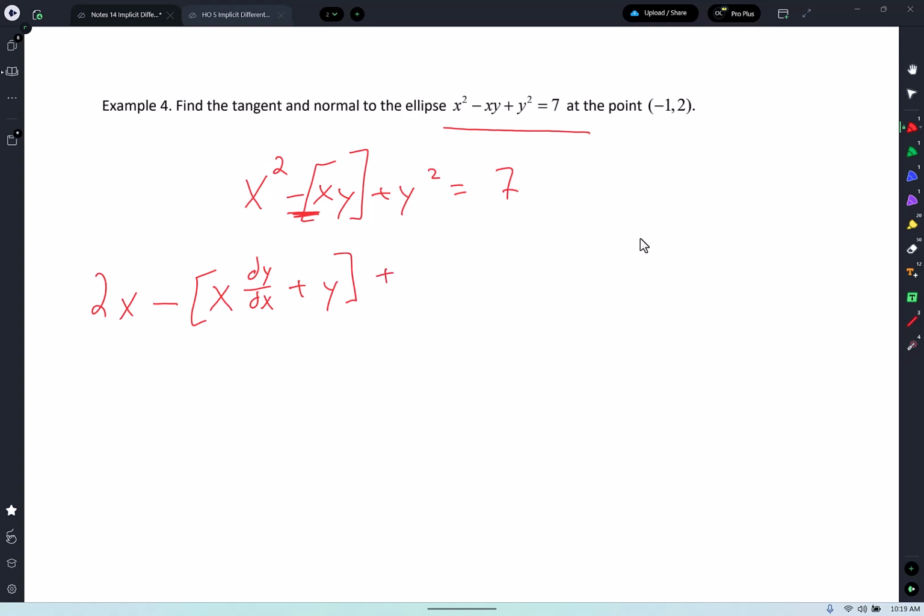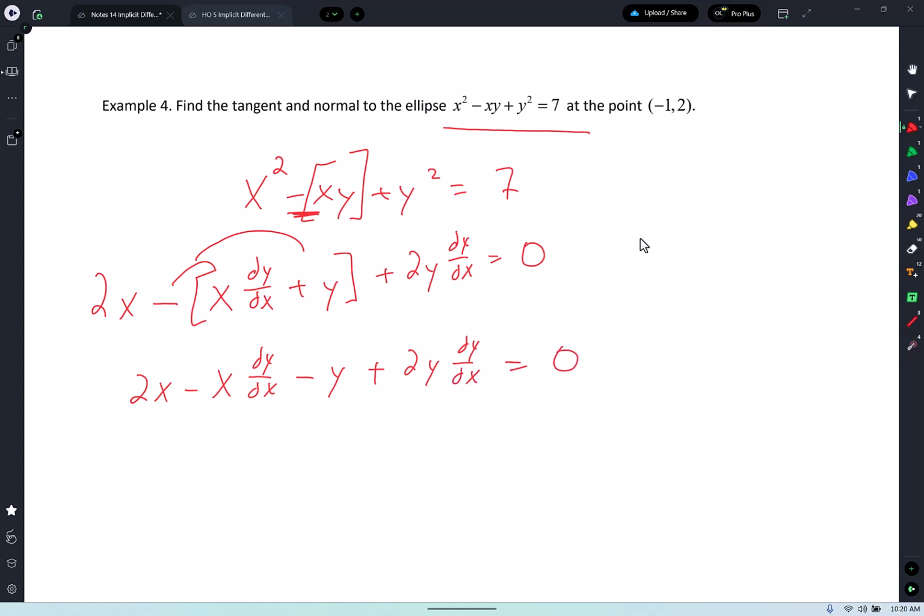Plus, what's the derivative of y squared? 2y, it wasn't an x, so 2y dy dx, equals, what's the derivative of 7? 0. Distribute the negative, it now turns into algebra. 2x minus x dy dx minus y plus 2y dy dx equals 0.